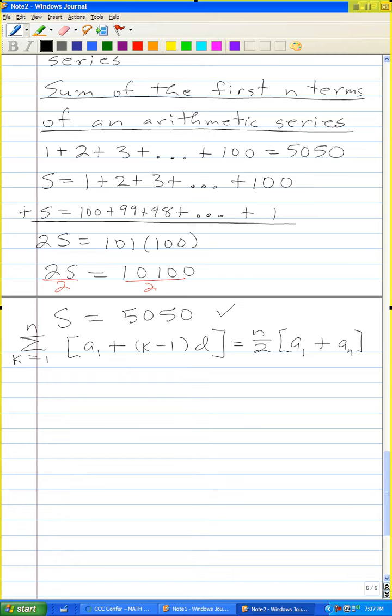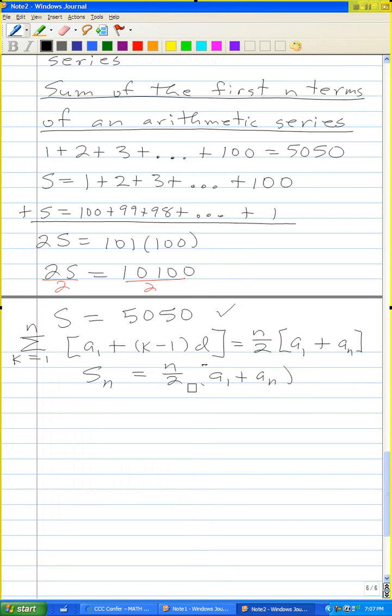A lot of times we give a notation for this, rather than writing it all out, I'll just call it S sub n. So that's the sum of the first n terms of an arithmetic series. A lot of times we just write this formula as n over 2 times a1 plus an.